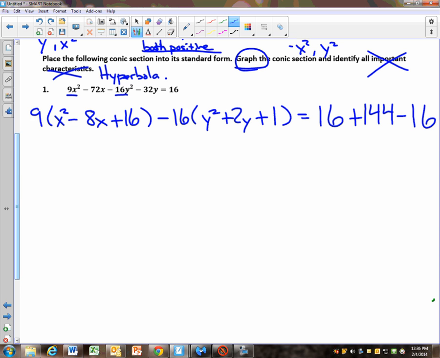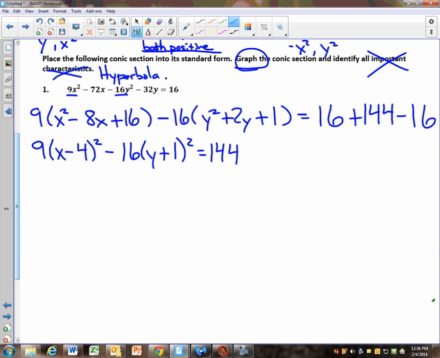Wow, that's a lot of stuff, huh? 9 times x minus 4, quantity squared, minus 16 times y plus 1, quantity squared equals 144. Okay, we're getting closer to the form that we want.